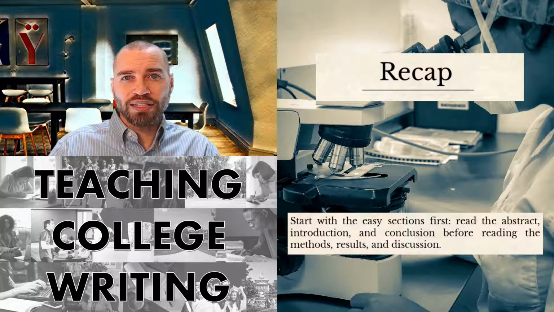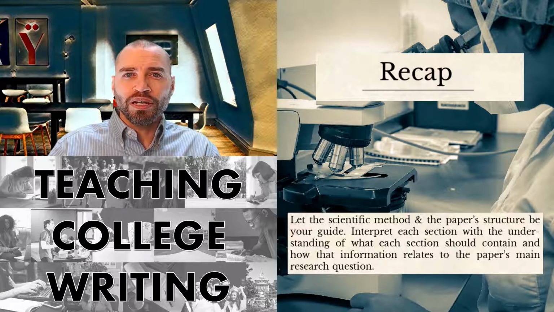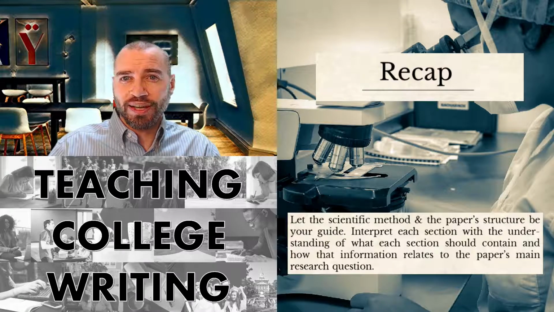Read the abstract, introduction, and conclusion before reading the methods, results, and discussion sections. Third, let the scientific method and the paper's structure be your guide. Interpret each section, the introduction, methods, results, discussion, and conclusion, with the understanding of what each section should contain and how that information relates to the paper's main research question.